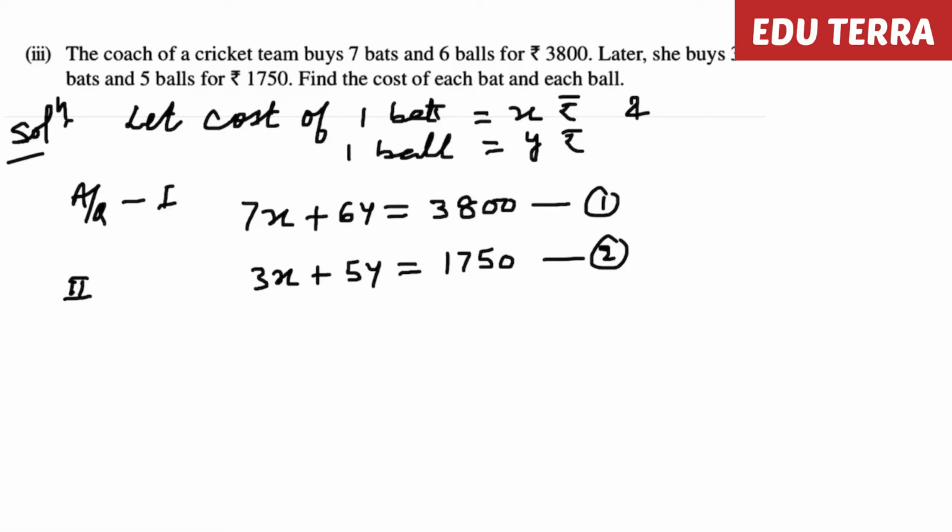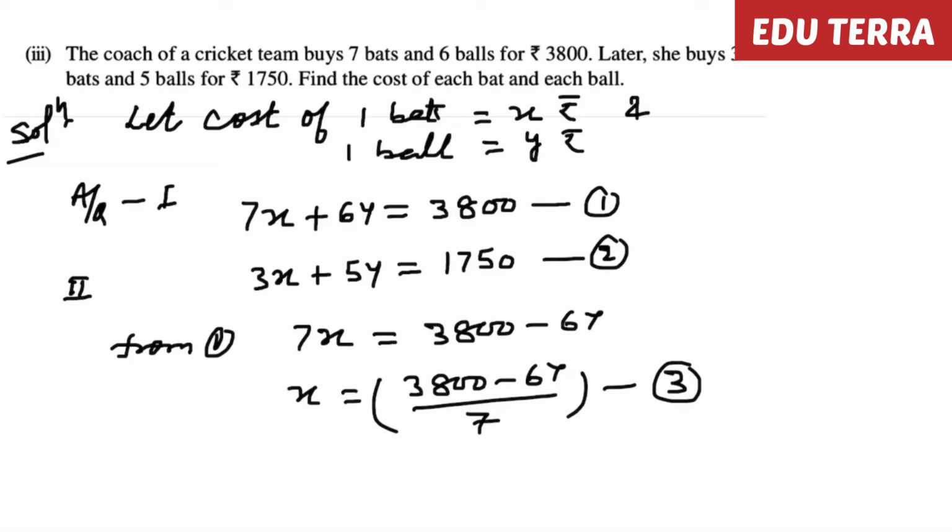Now we have to solve by substitution method. From 1 we will get here 7x equal to 3800 minus 6y. So x equal to, next what we have to do? Substitute x equal to this value in equation number 2 and try to solve. You will get your answer of y.